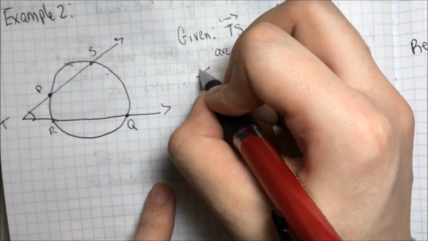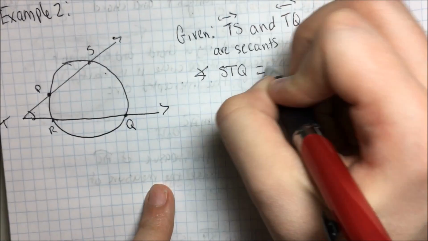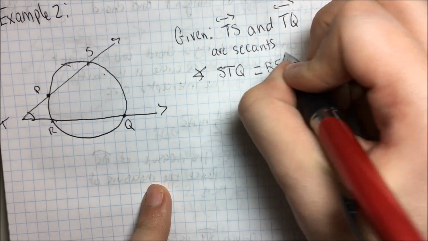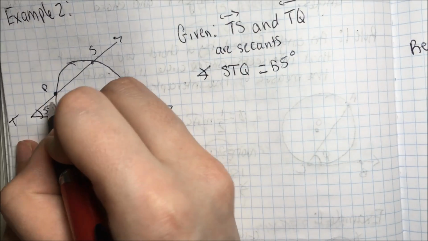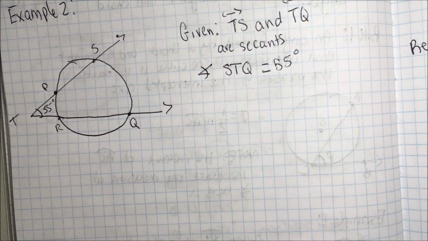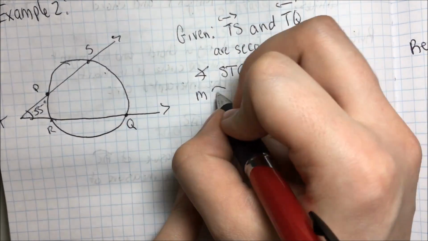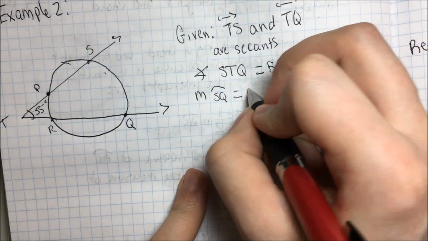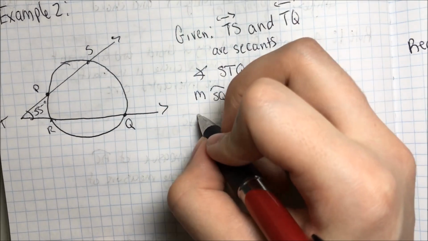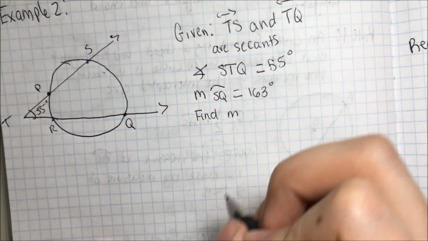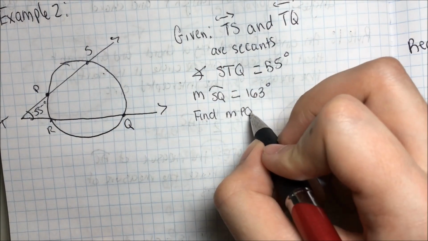And the measure of STQ is equal to 55 degrees. So this angle is 55 degrees. And the measure of arc SQ is 163 degrees. So we want to find the measure of arc PR.